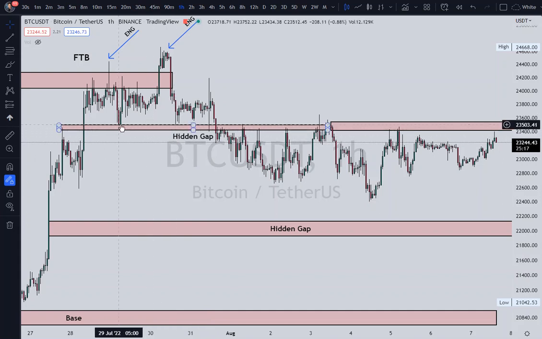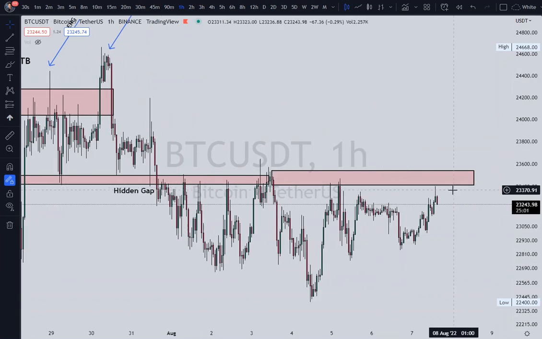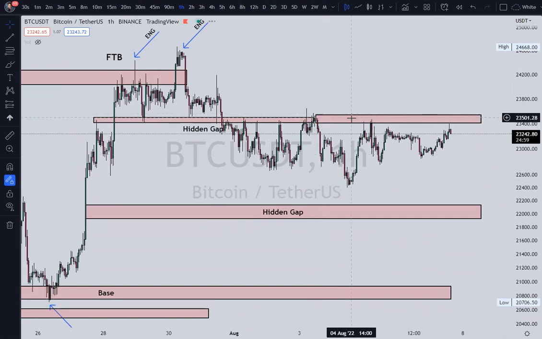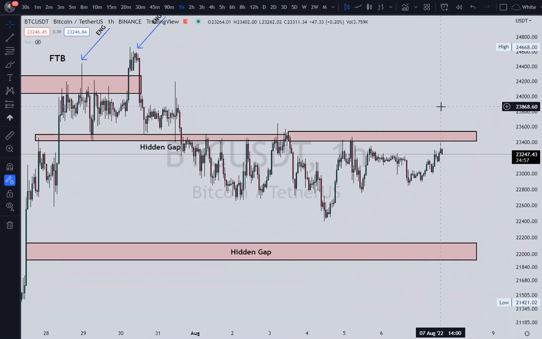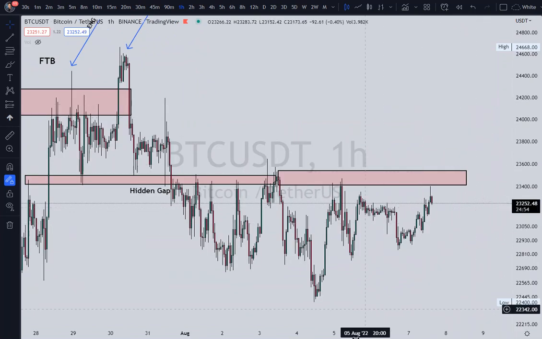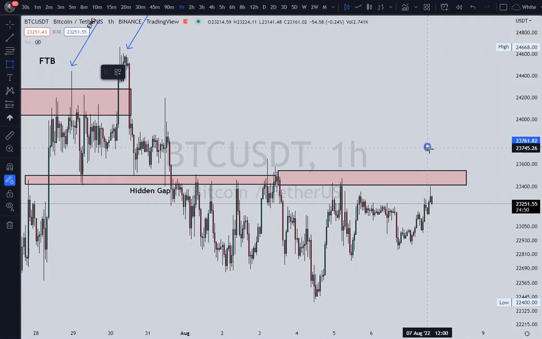It acted as a support. It pushed the price to the upside once, another time, but this time it couldn't act as a support, and it turned into a resistance and rejected the price a few times here, and still the price is below this important resistance. And also I told you there are a lot of sell orders in this area.